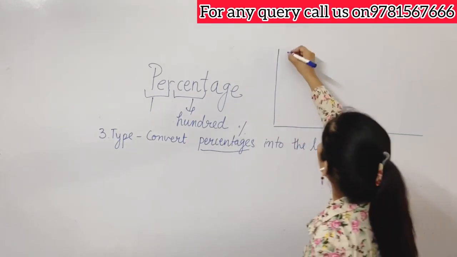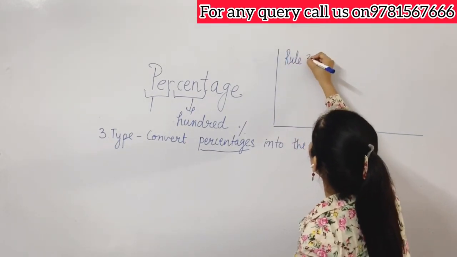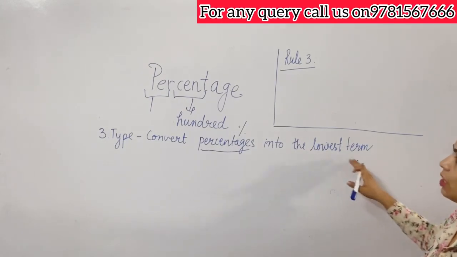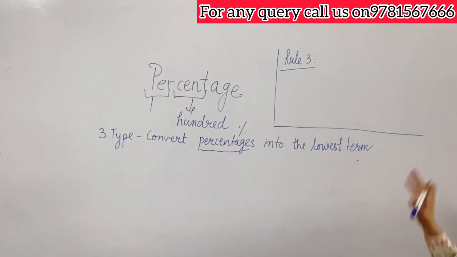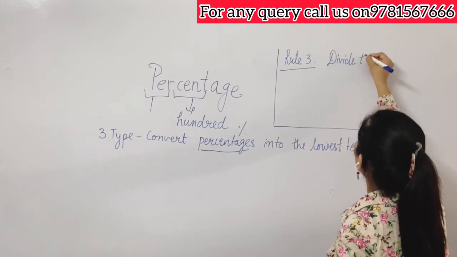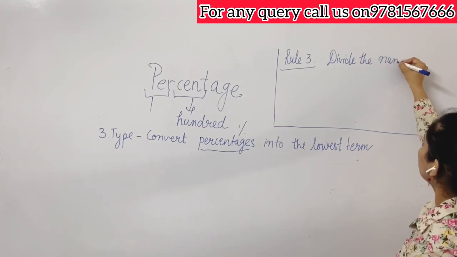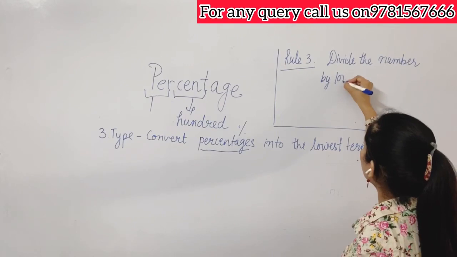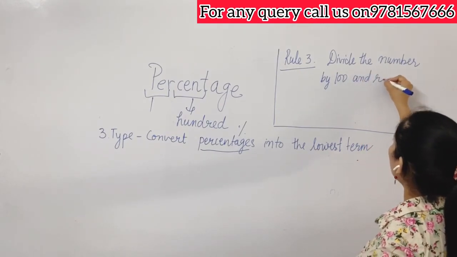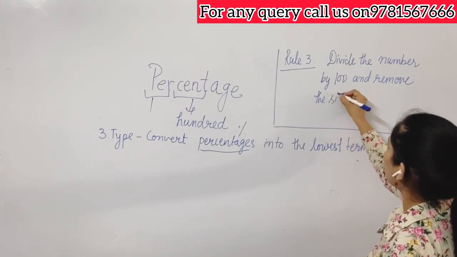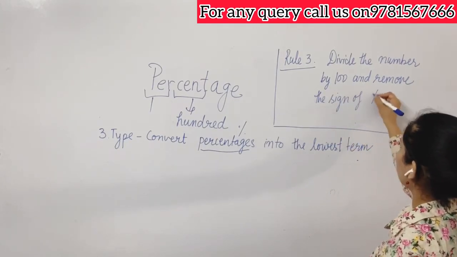जल्दी से लिख लीजिए क्योंकि बिना रूल के आप क्वेश्चन सॉल्व नहीं कर पाएंगे, ठीक है? तो रूल नंबर 3 is convert percentages into the lowest term. What is the rule here? Divide the number by 100 and remove the sign of percentage.